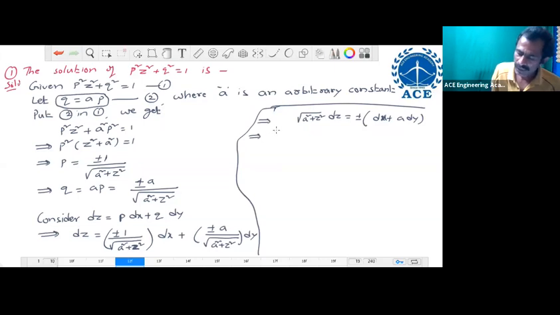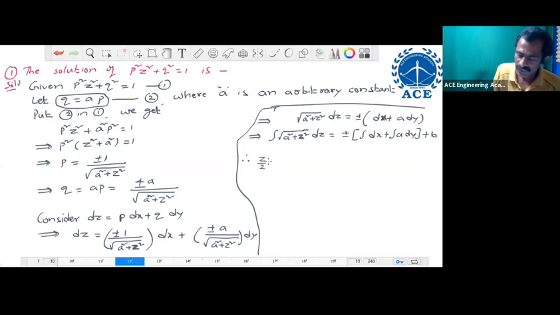Which implies integral of under root of a square plus z square dz equal to plus or minus integral of dx plus integral of a dy plus integral constant b. Therefore, on the left hand side it is in the form of integral of under root of a square plus x square form only. That is x by 2, in place of x here we have z.